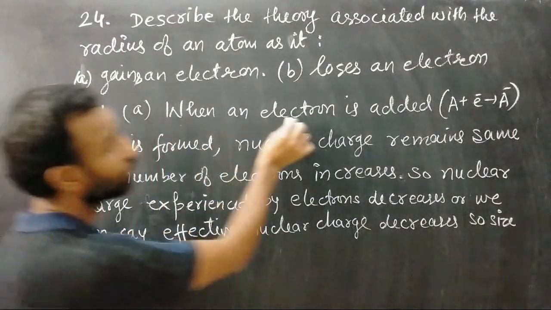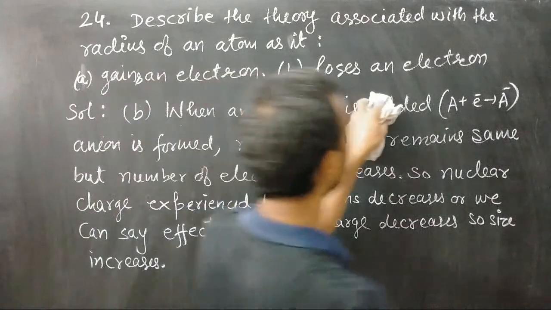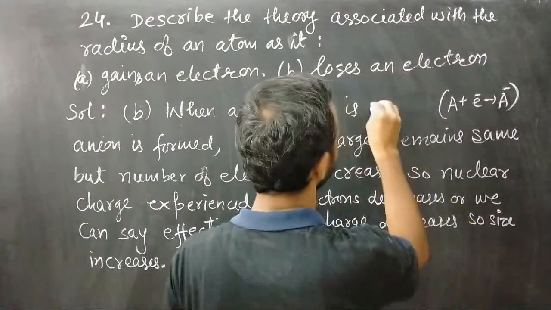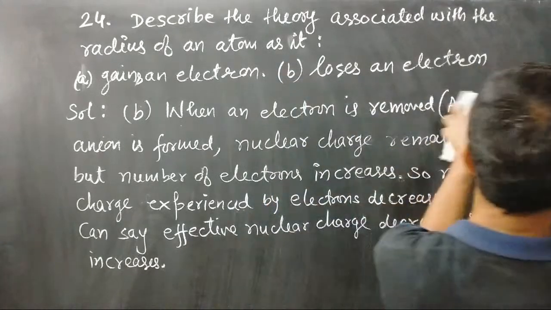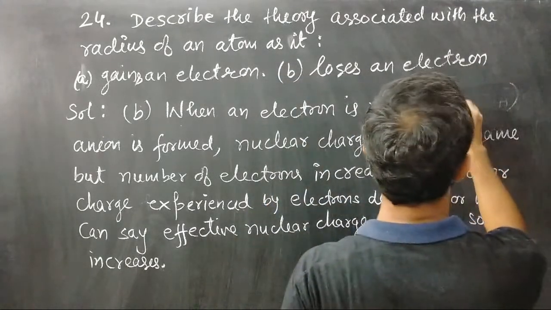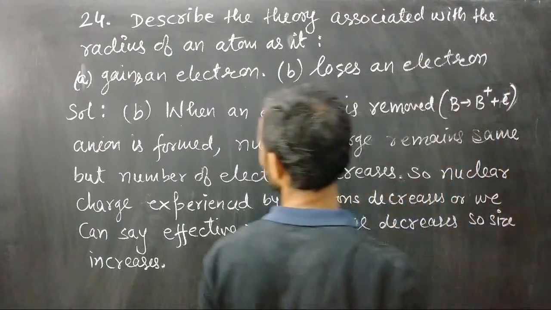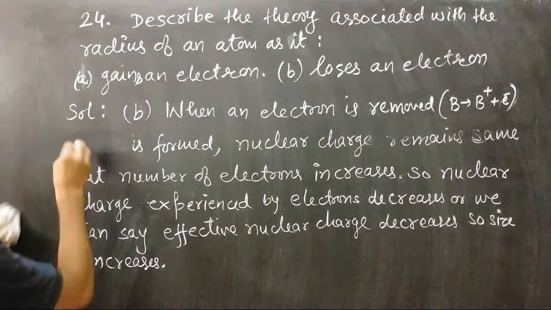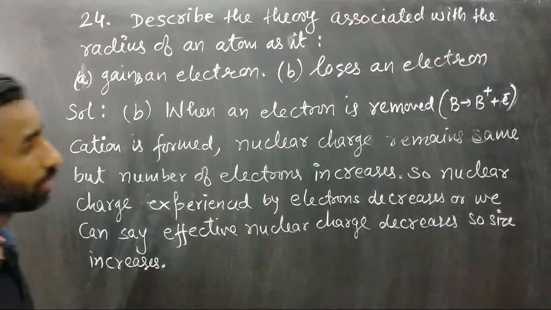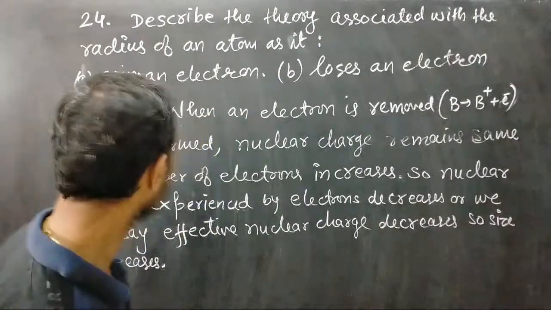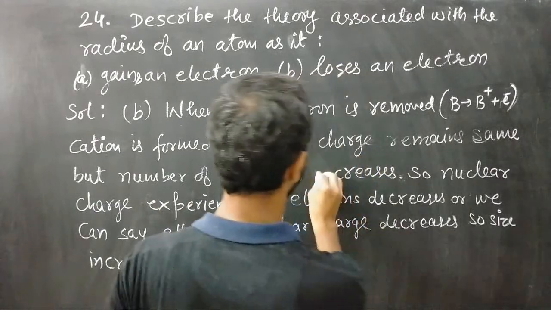Now B, when an electron is removed, loses means it is removed. B to form B positive plus electron, means now when electron is removed, cation is formed. Now nuclear charge again remains same, but number of electrons decreases.